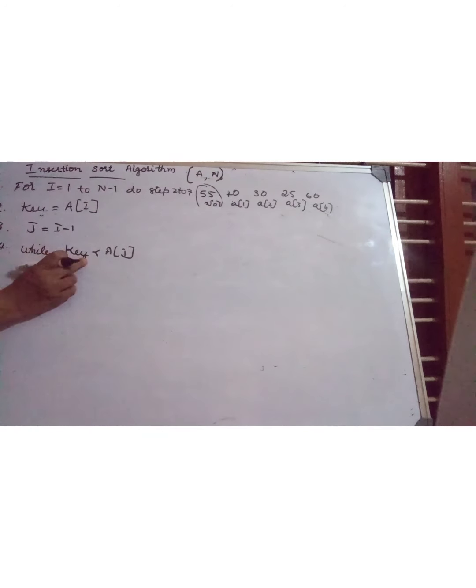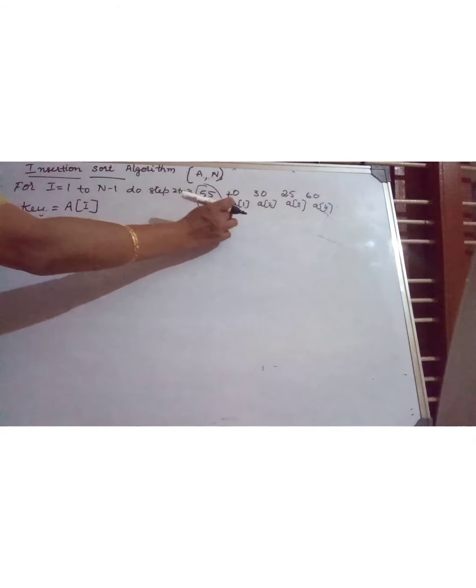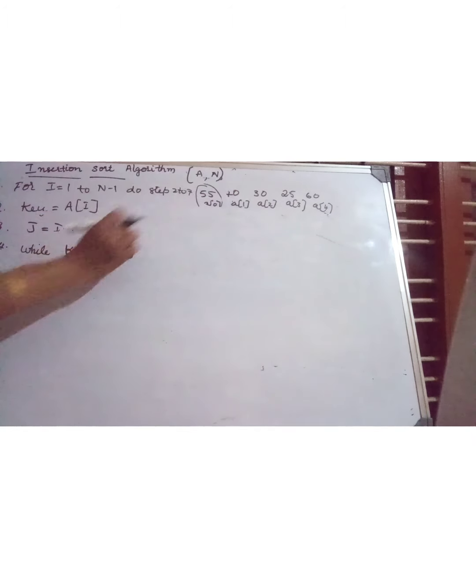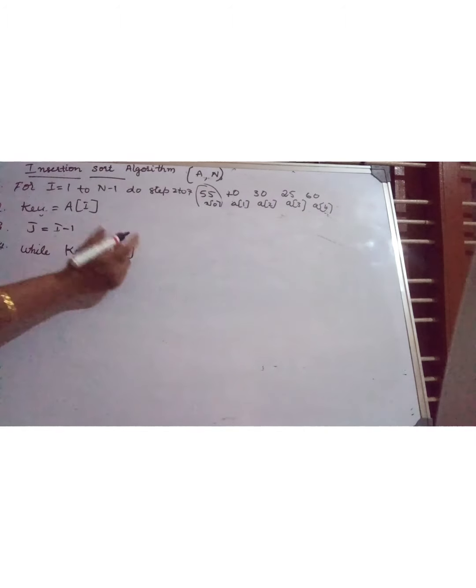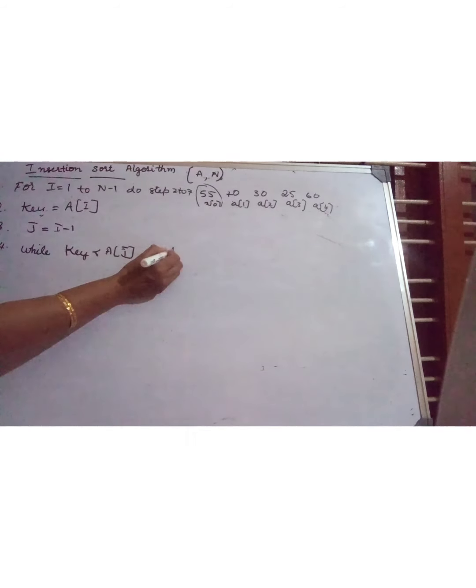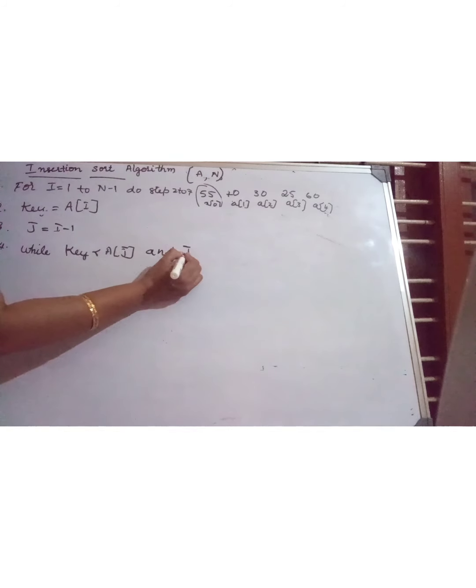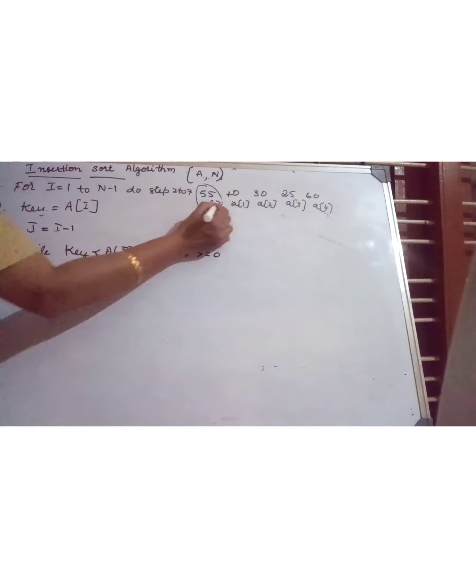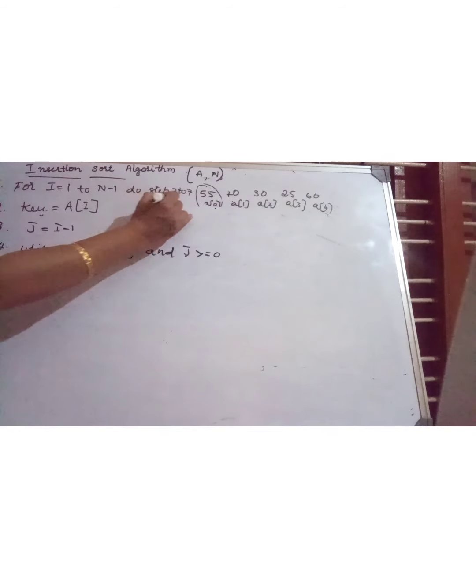While the key element is less than A of J, and J should be greater than or equal to 0. I will not have any element at A of minus 1, I don't have this.